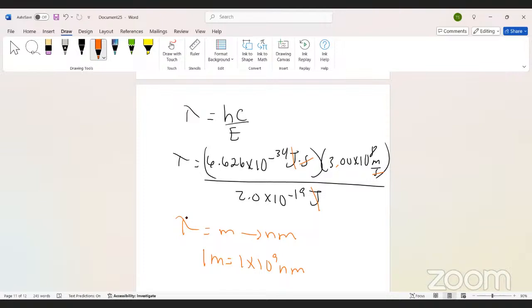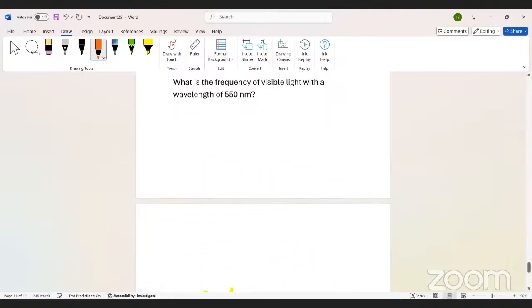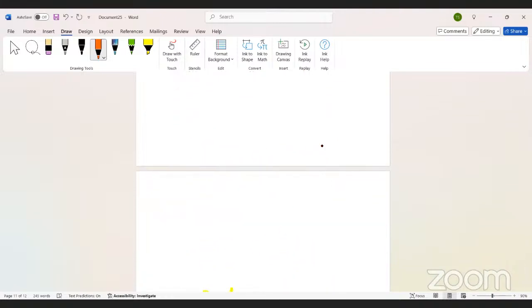Okay, so to go back to Taisha's problem, she says a photon of 6.6 kilojoules. So let's write that down. 6.6 kilojoules. What is the frequency in hertz?